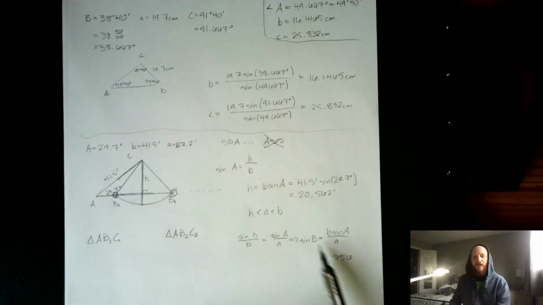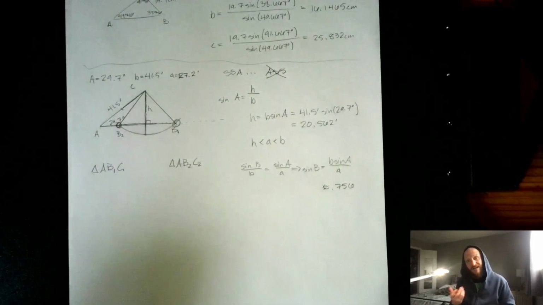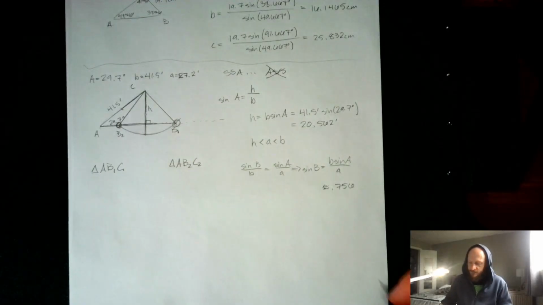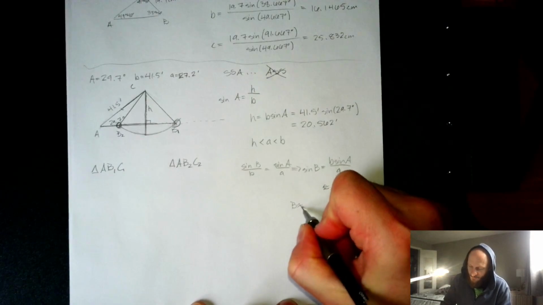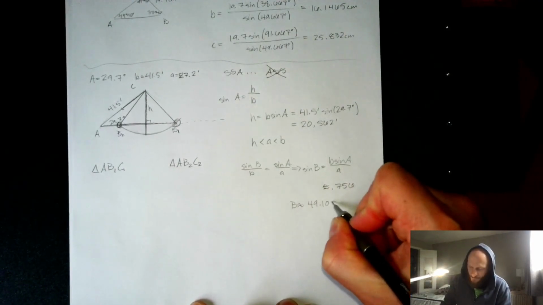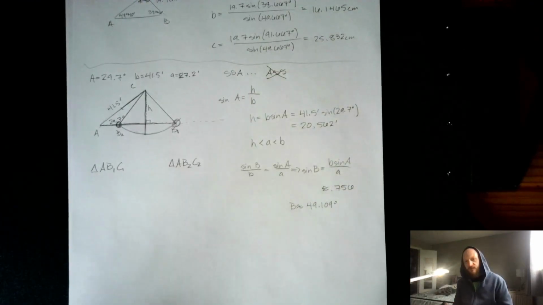So sine B is 0.756, and angle B is sine inverse of that. So B is about 49.109 degrees.